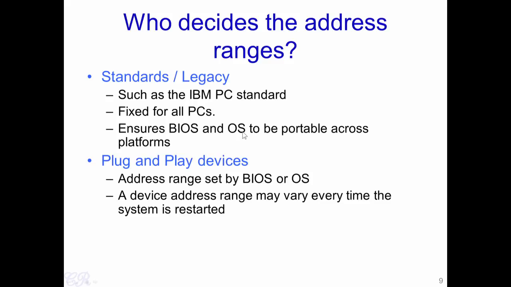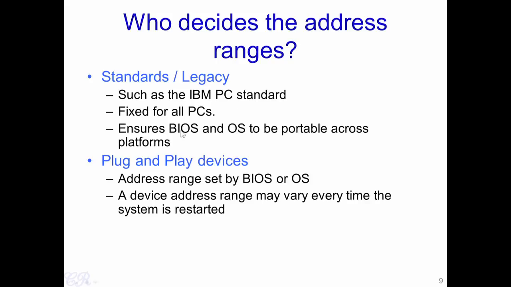So, I could make a lot of assumptions about where various devices are present in the system. Having such a standard would essentially ensure that the software that we write, especially the software that interacts with the hardware, such as the BIOS and the operating system, will be portable across several different platforms.